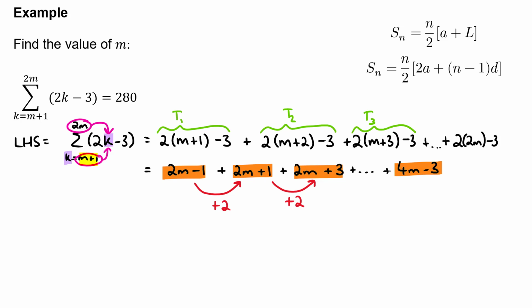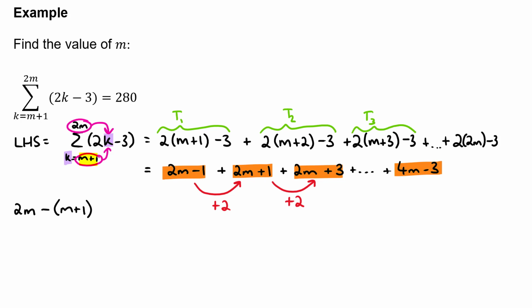To get that, we're going to take the top number, which is 2m, minus the bottom number, which is (m plus 1). When we simplify it, it is going to be m, because we've got that negative distributing in, so it's going to be 2m minus m, and minus 1 plus 1, which just gives us m.